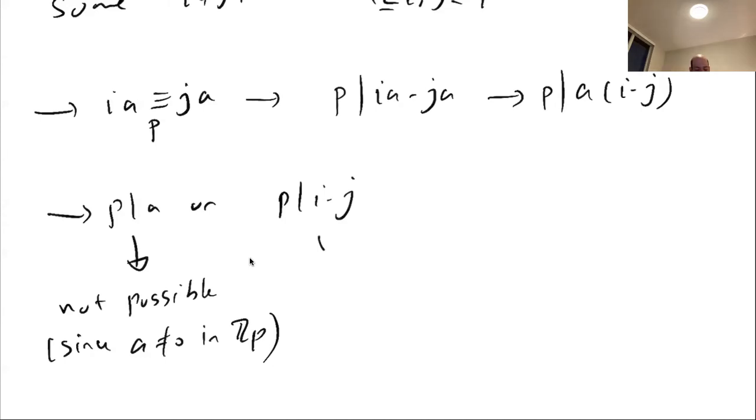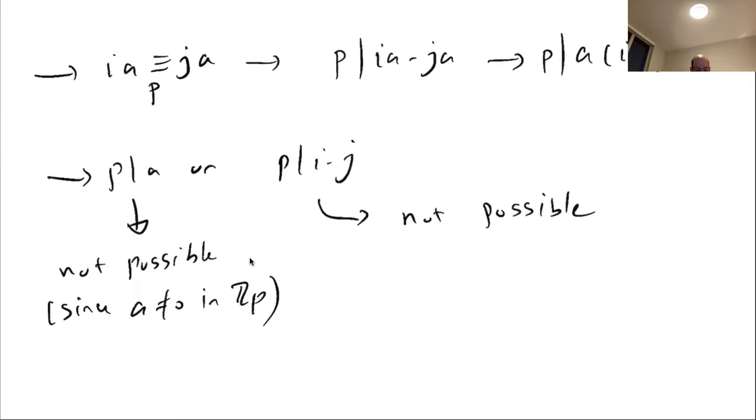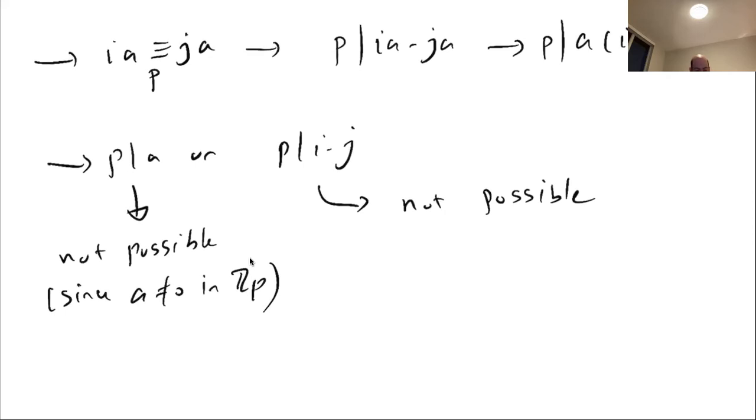And p divides i minus j is also not possible. Why? Because i and j are both between 1 and p minus 1 and i is not equal to j.